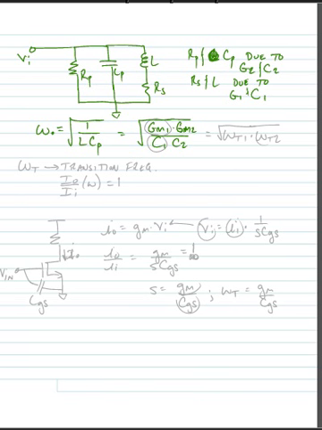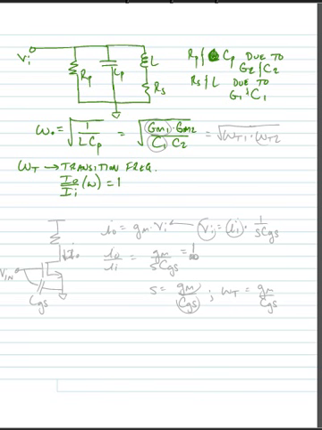Now, oftentimes we define a term for our transconductors called the transition frequency, omega T. And we can show that the transition frequency of a transistor is where the current gain, I out over I in, versus omega is equal to 1.